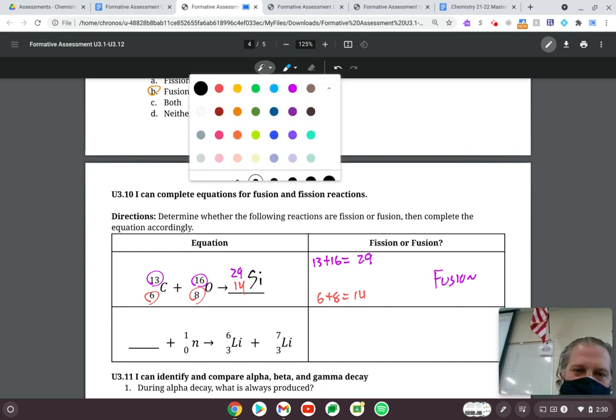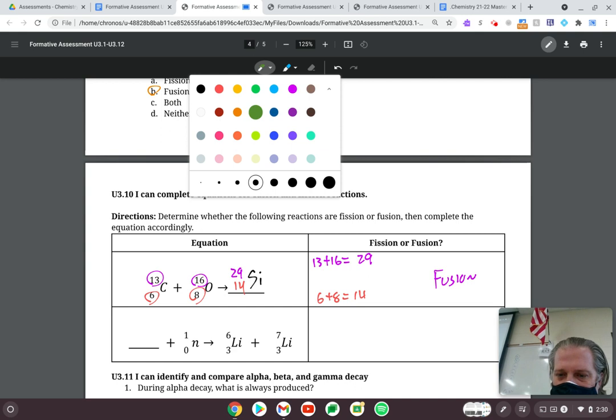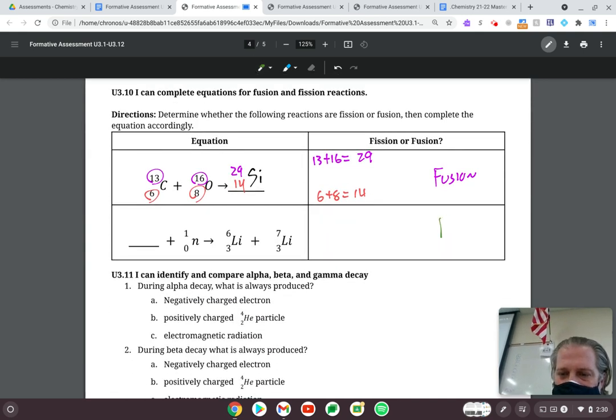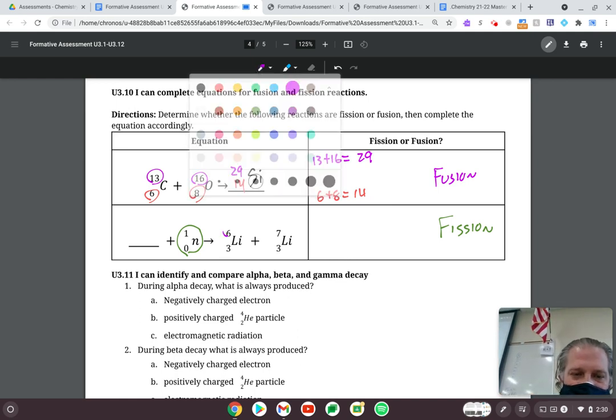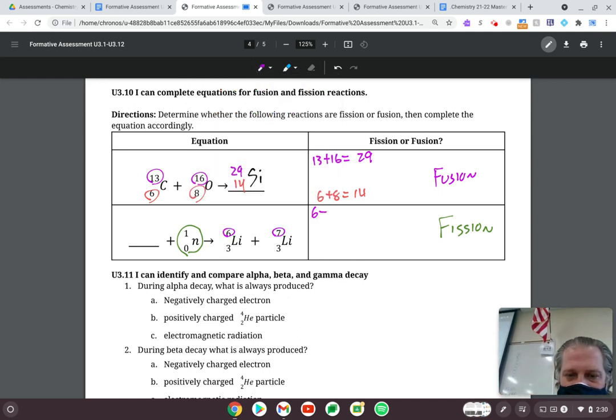Which, by process of elimination, some of you are going to say, well, then clearly the next one has got to be fission. And we shouldn't live our life by the process of elimination. Sounds like a terrible plan. But in reality, what should be setting us off here is the presence of the neutron. Okay, so in this case, both sides have to add up to the same value. So I have 6 and 7. So 6 plus 7 is 13.